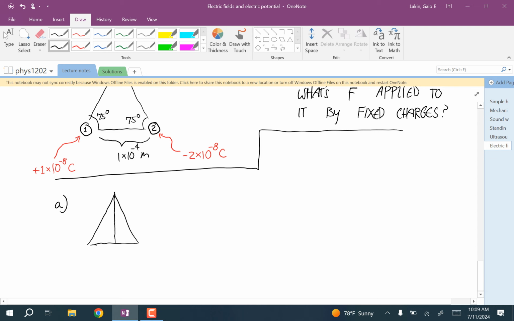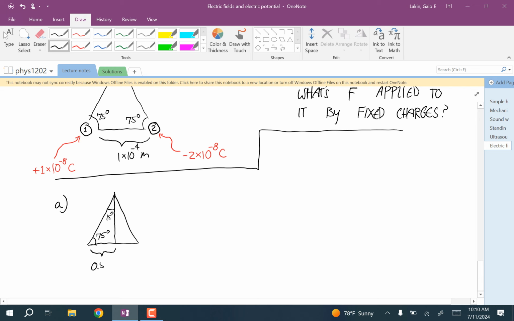And I'm going to make this a right triangle so we can use sine and cosine and tangent. That means that this angle is 15 degrees. This angle is still 75 degrees. This distance is half of the distance between fixed charges 1 and 2.